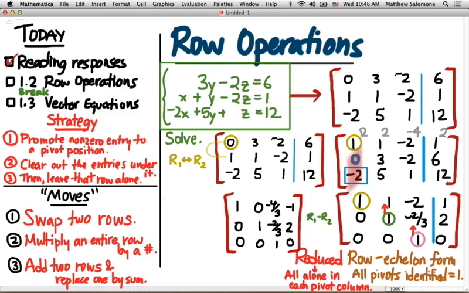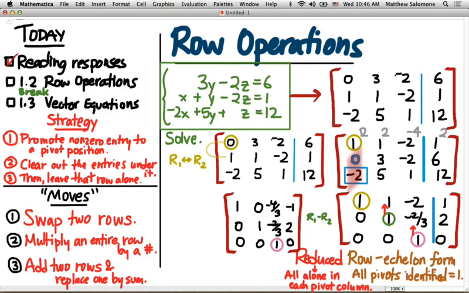Now to clear out the pivot down here in the lower right so that it's all alone in its column, luckily this is really easy because of the 0 at the end of its row.